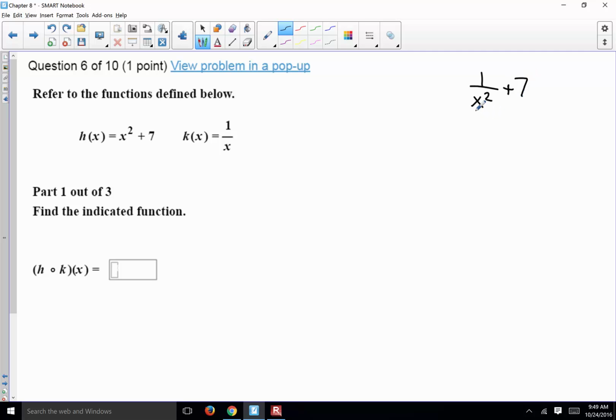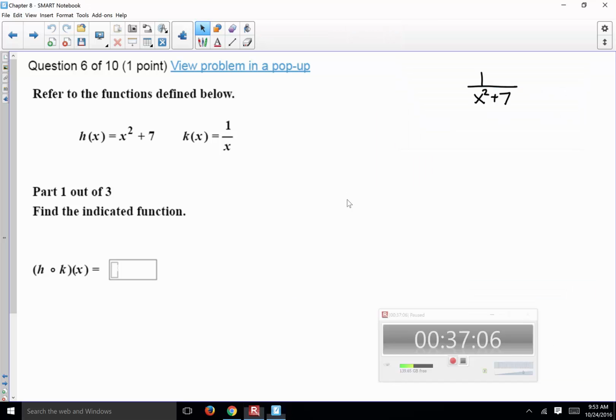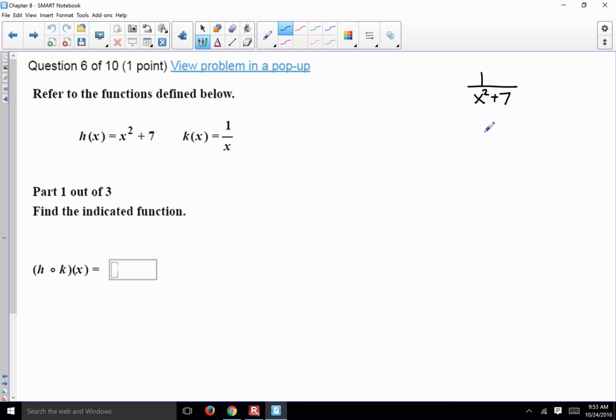No, the plus 7 is still on the bottom. Okay. This? Yes. Okay. Next. So you said 1, just 1 over x squared plus 7. Okay. Any third answers?